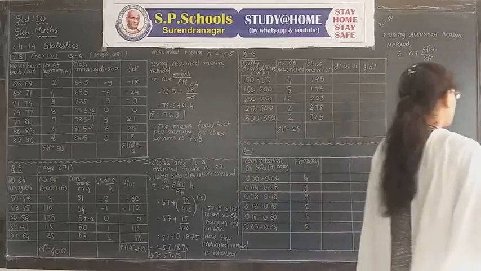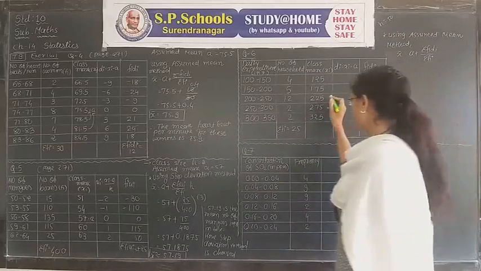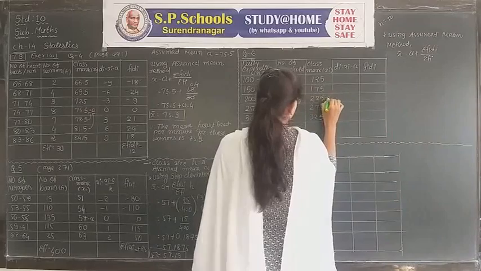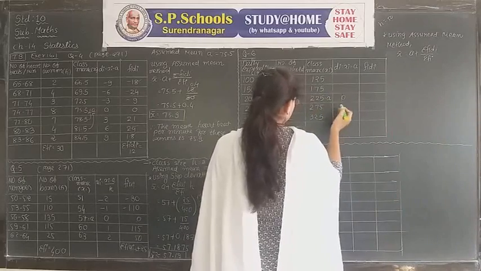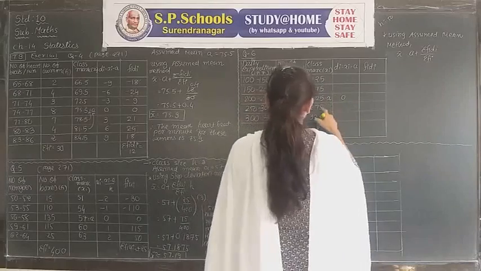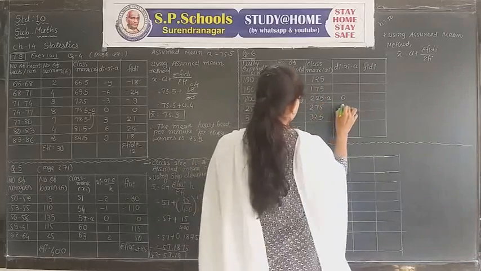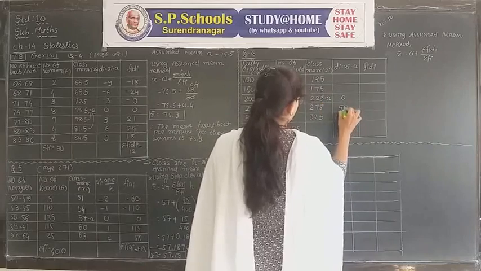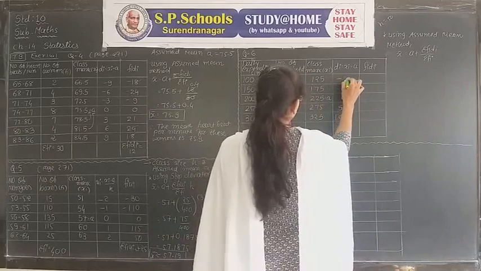Here the class mark xi 225 is taken as a, so in front of it di is 0. The below side is positive: 275 minus 225 we get 50, then 100, and the upside is minus 50 and minus 100.